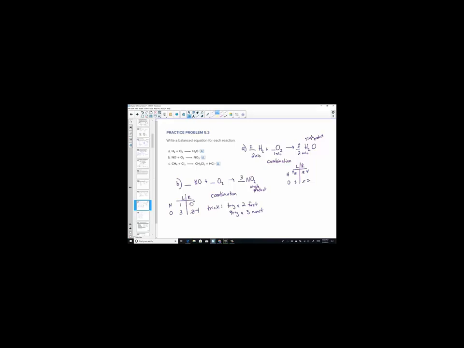Let's go back and just fix our T-chart. I had originally a 1 and a 2. When I put this down, I get 3 N's and 6 O's. All right, I like that because I can put a 3 here and get my N's to work. And 3 plus 2, oh, that's 5. There's 5 oxygens.